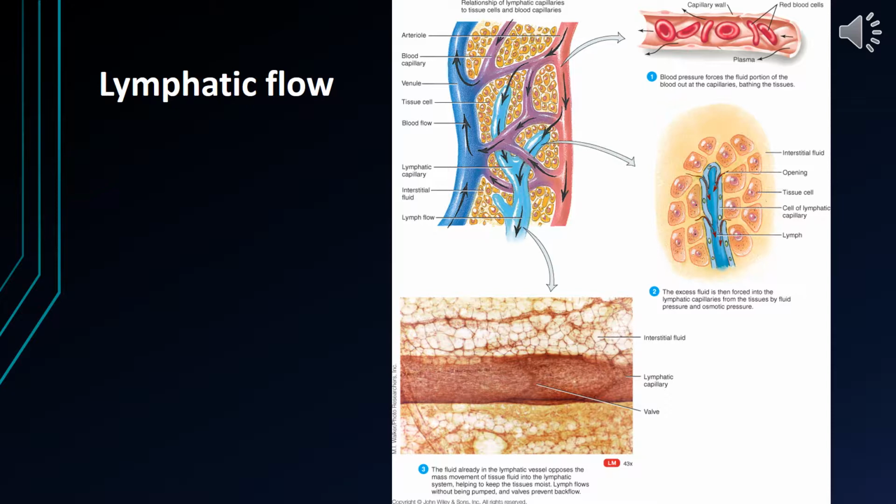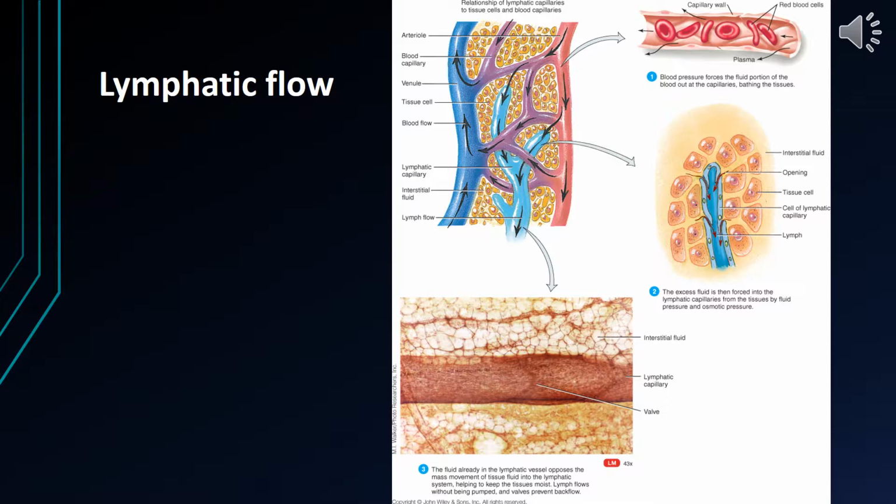In number 1, it's talking about the blood in the cardiovascular system. It says blood pressure forces the fluid portion of the blood out of the capillaries such that it can bathe the tissues. Whereas in number 2, it says the excess fluid is then forced into the lymphatic capillaries from the tissues by fluid pressure and also osmotic pressure.